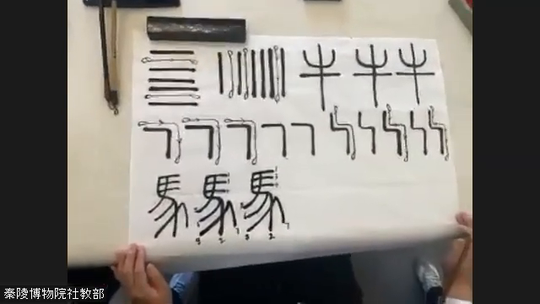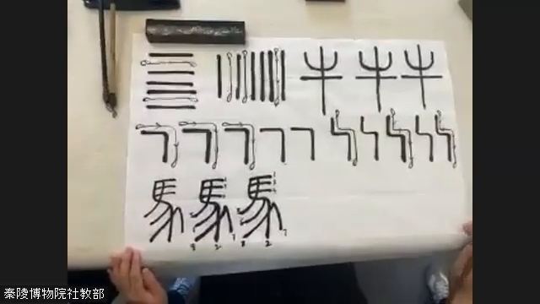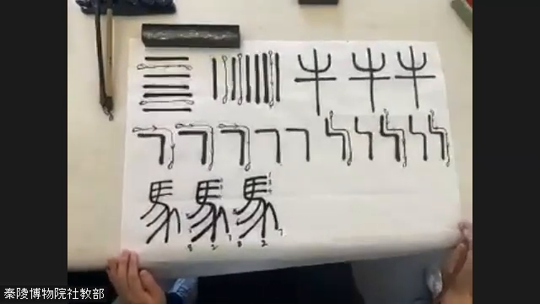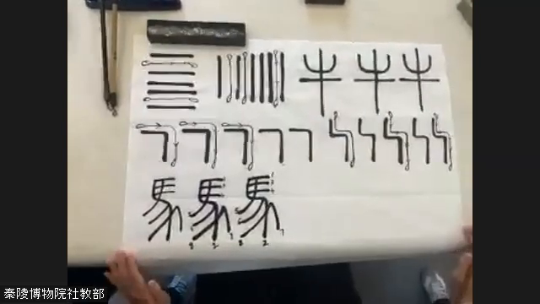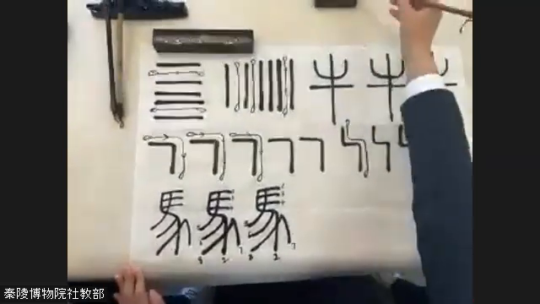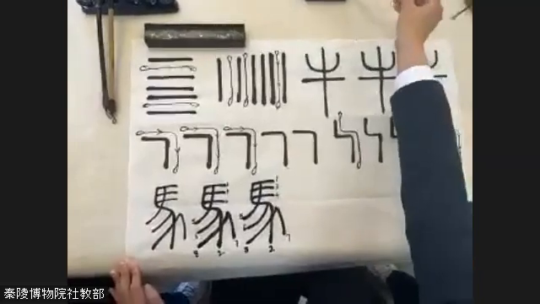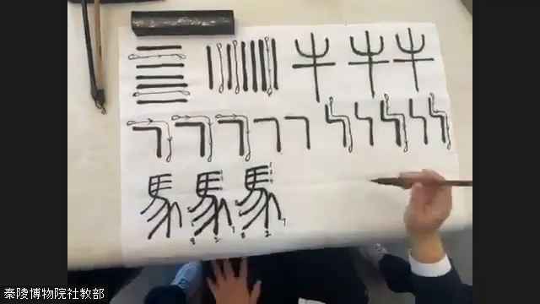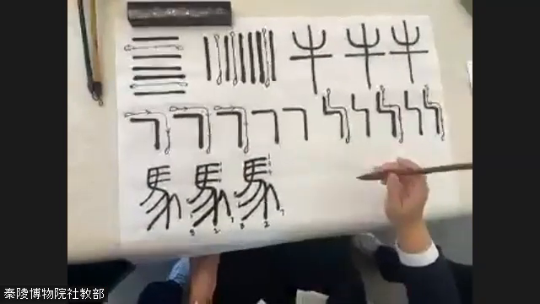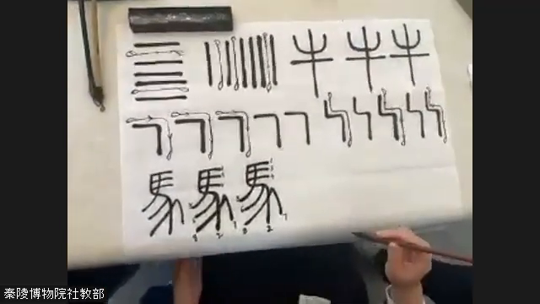First, we have the horizontal stroke, then vertical stroke, horizontal bend, straight bend, and arc. We have learned about 5 different types. And now is question time. If you have any other questions about the Qing dynasty history or about the Chinese writing styles, you can leave the comments down below and we'll see that and we'll answer the question.